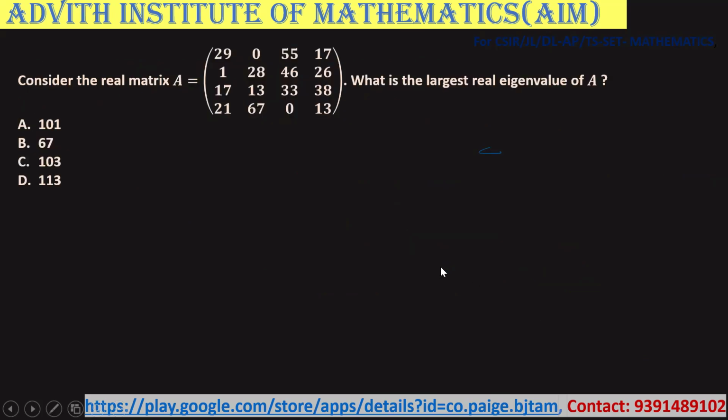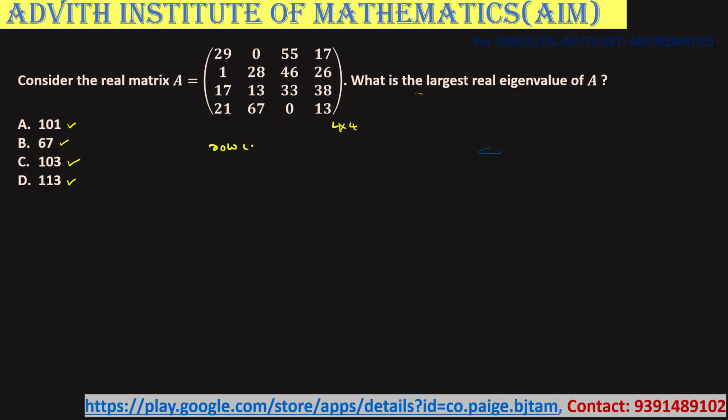Next one. Consider the real matrix A, which is a 4 by 4 matrix. Then which is the largest eigenvalue of A? The options are 101, 67, 103, 1137. So find the row sums.